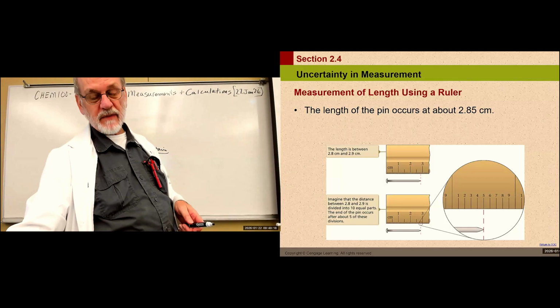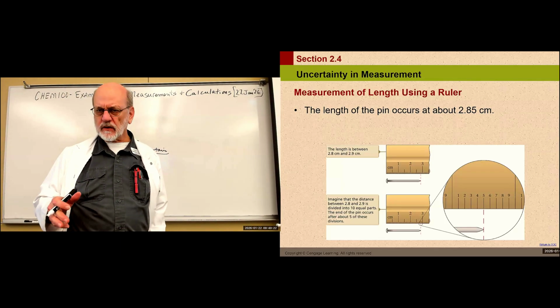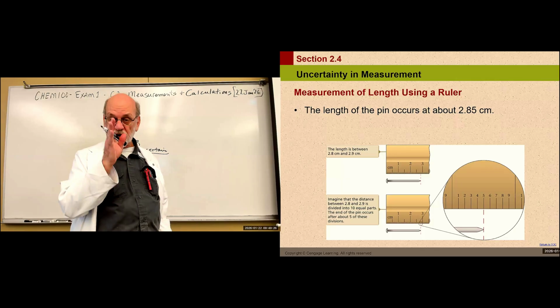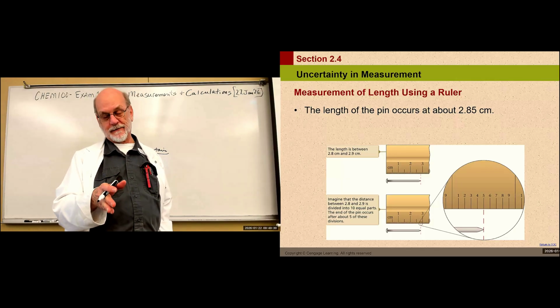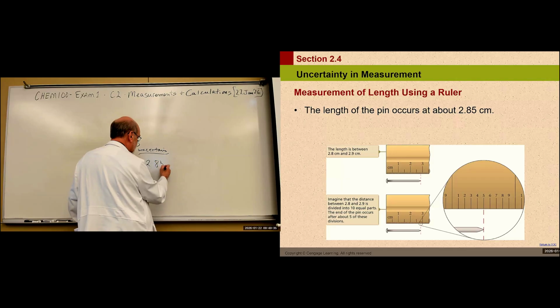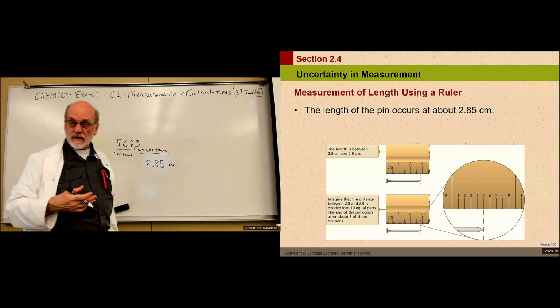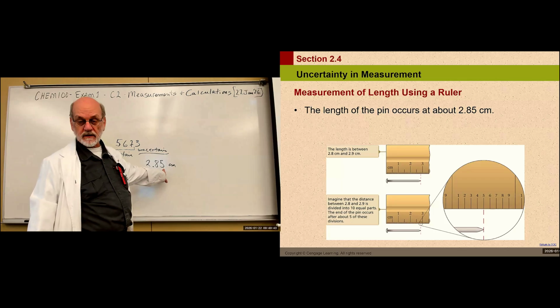So we would say that that measurement is 2.85. But the 5 is not uncertain, because there's actually a line there that says this is 5/100ths of a centimeter. So what I'm arguing is, if we say that's our value, then we're going to assume that that 5 is uncertain.